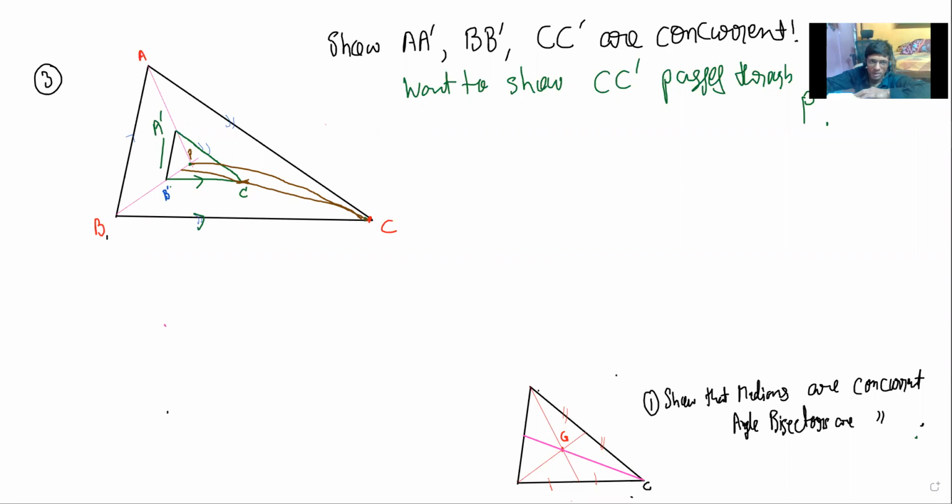I don't even need to draw this somewhere else, but just to emphasize, let's draw it like this. Let's say CC prime passes through somewhere else. It doesn't pass through P, which means PC is not passing through C prime. They are all the same statements, right? So PC is not passing through CC prime. I want to show this is not true. Is it clear till here?